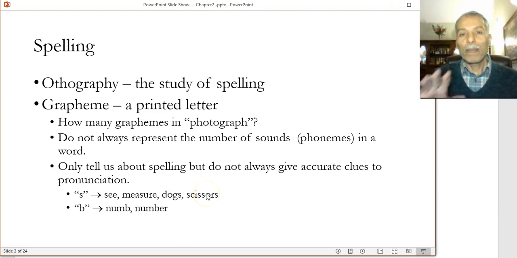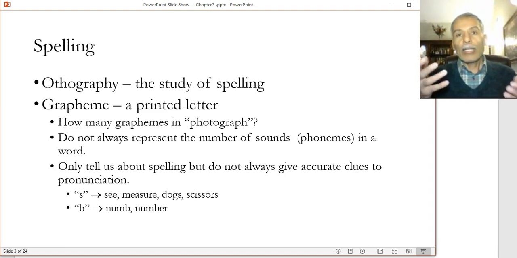So orthography is about visual representation of the sounds. But there is a problem with the orthography of English, the written language. The letters of the language are 26 letters. Yet the sounds, the phonemes of English are 43 phonemes.